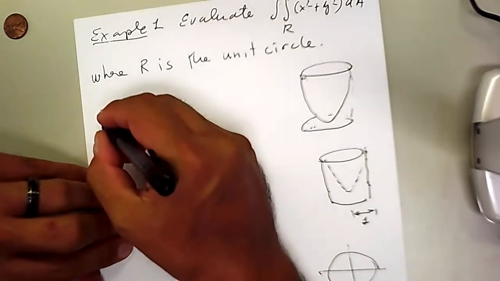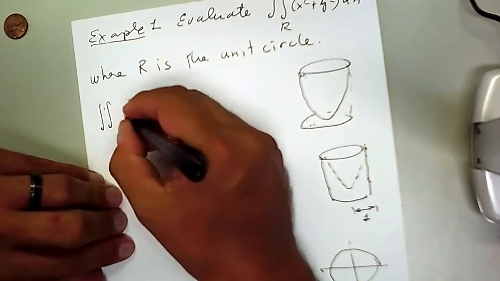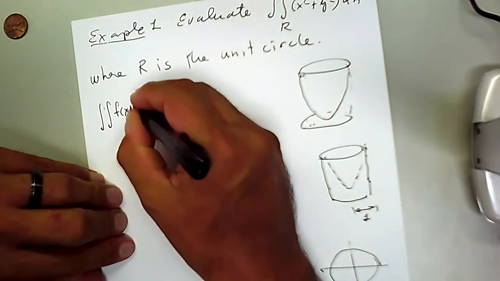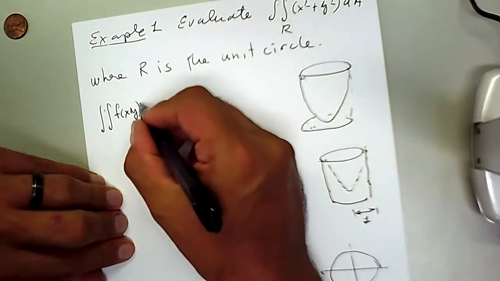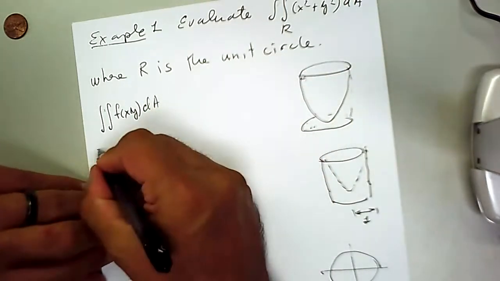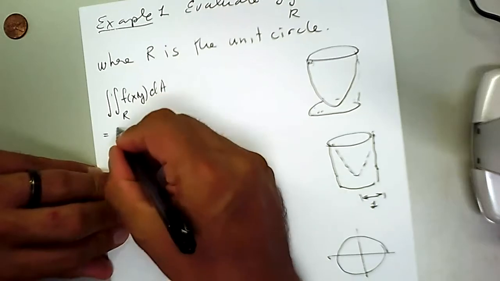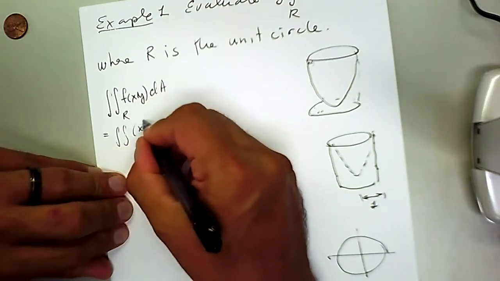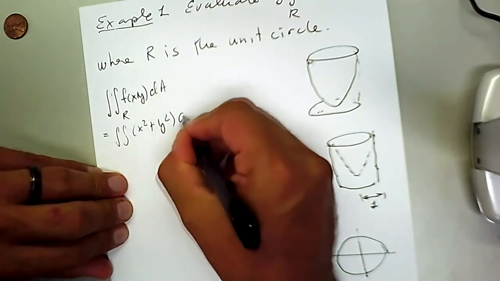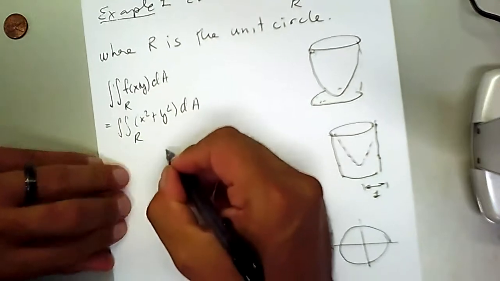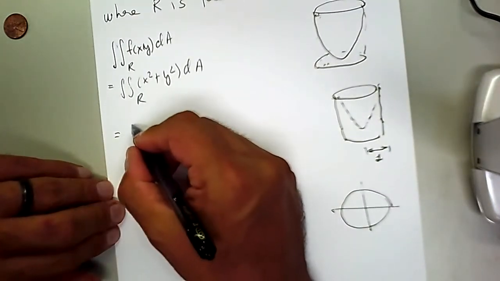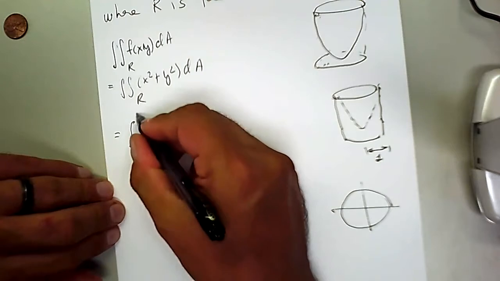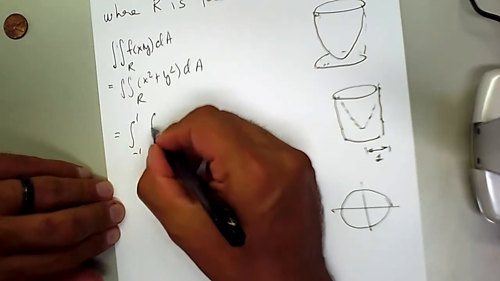If we wanted to use xy coordinates, I'm assuming this is f. I should have put f, but let's just write it down to be sure. So the double integral of x squared plus y squared with respect to the area over the region. If we wanted to use xy coordinates, we would have to do the integral from -1 to 1 on the x axis, and then the integral.